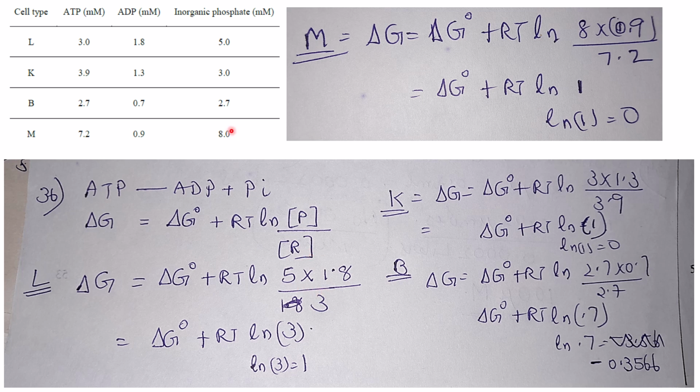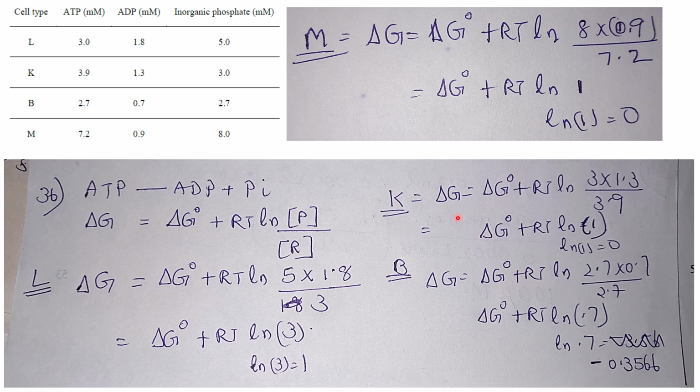So first one, inorganic phosphate, 5 into 1.8 divided by 3. So ln 3 is equal to 1 for cell type L. For K similarly it is 3 into 1.3 divided by 3.9. So it is ln 1, which is equal to 0.